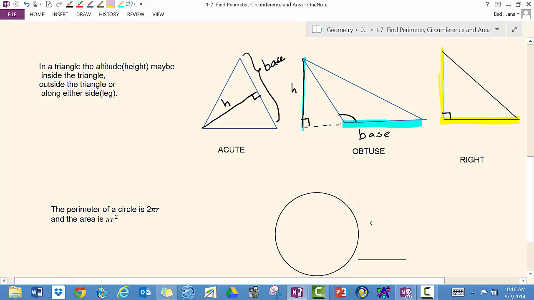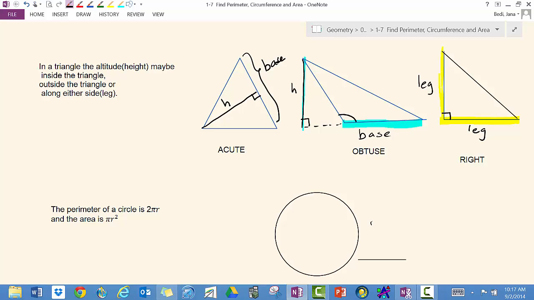Okay, the two highlighted sides are legs, so this is a leg and this is a leg. Now, to find the area of this triangle, it doesn't matter which leg you call the base and which leg you call the height. Just take your pick. One's the base and one is the height.